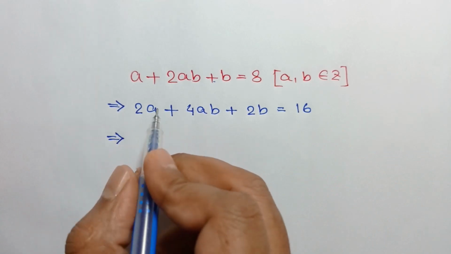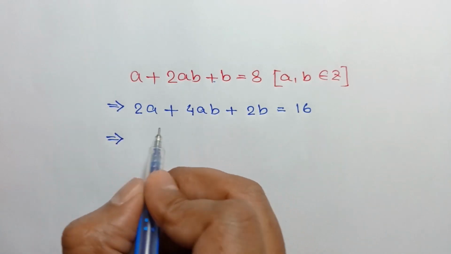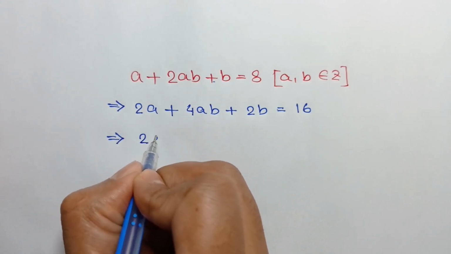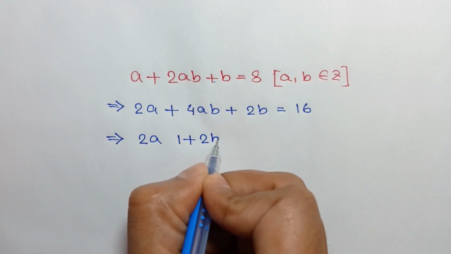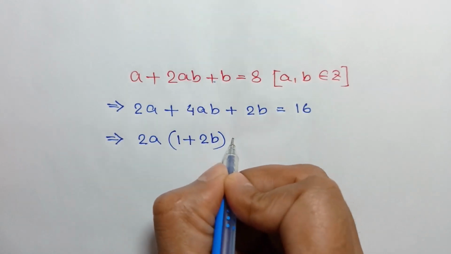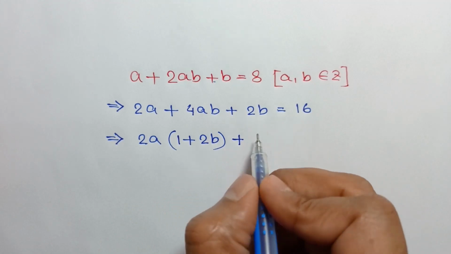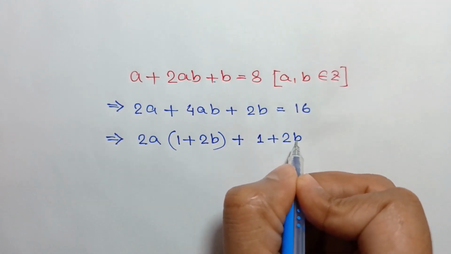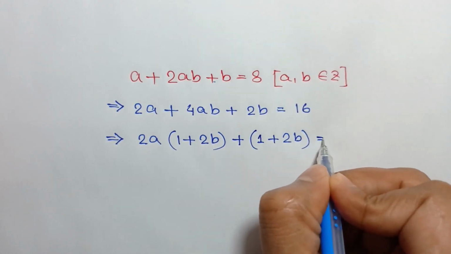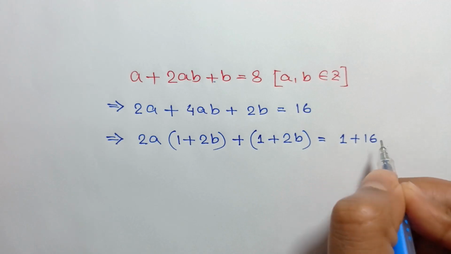Taking common 2a from the first two terms, we can write 2a times (1 plus 2b) plus 1 plus 2b. Adding 1 to both sides, we can write 1 plus 2b is equal to 1 plus 16.